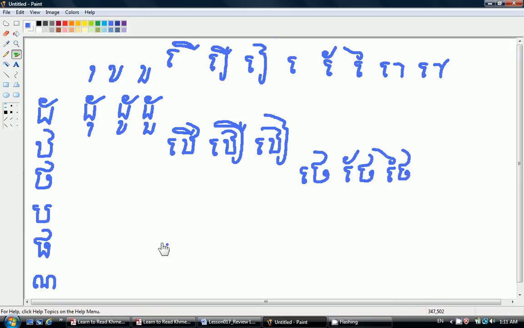Okay. Now bhaw with the last two vowels, ow and ow. Okay. Notice that these two vowels here, their component has the a shape. So when that happens, we have to change this bhaw here to this shape. So let's change its shape first. So we're going to change the bhaw.